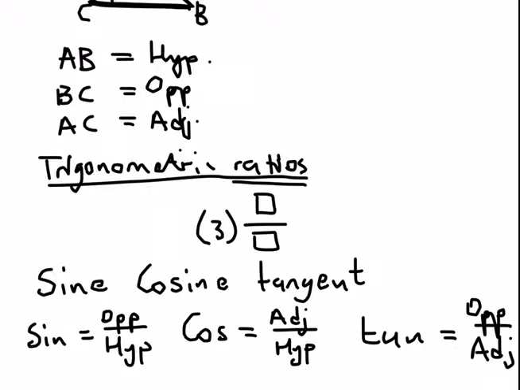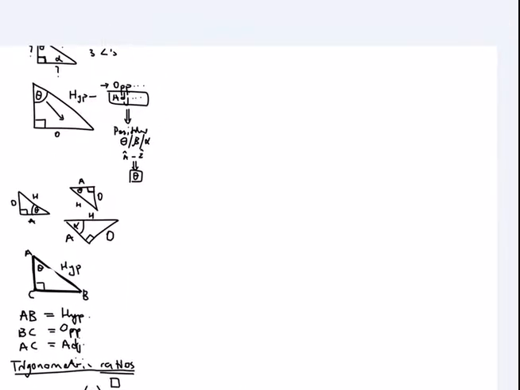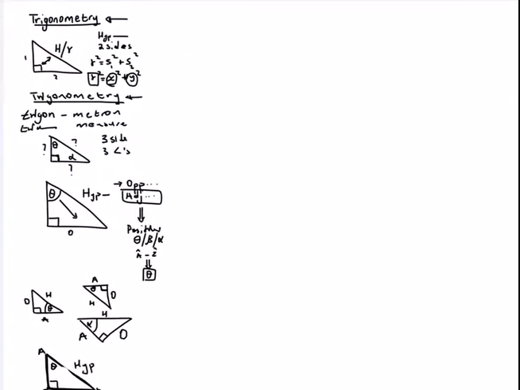Because for you to successfully answer the exercises that you might come across, you will definitely need this understanding of sine, cos, and tan, and knowing their ratios. So now this is the best way to go about it. I'm pretty much sure that your teacher is still going to teach you this.